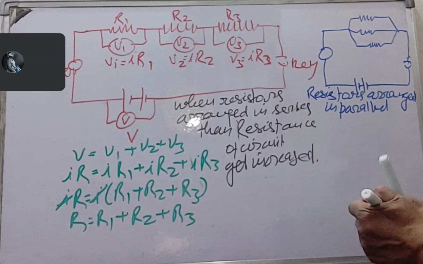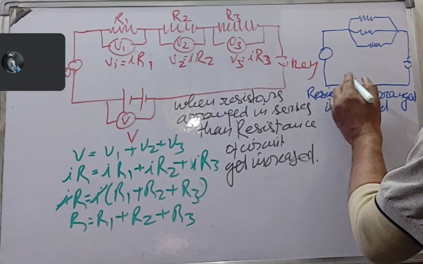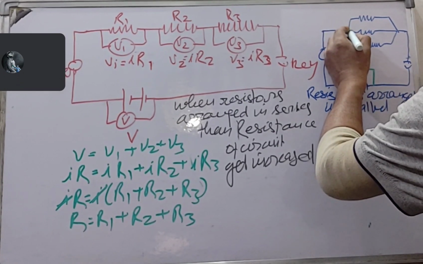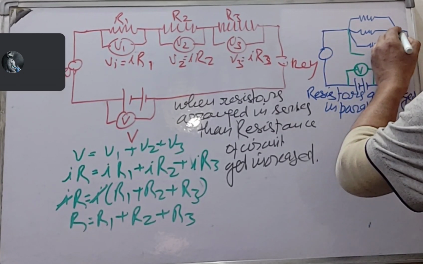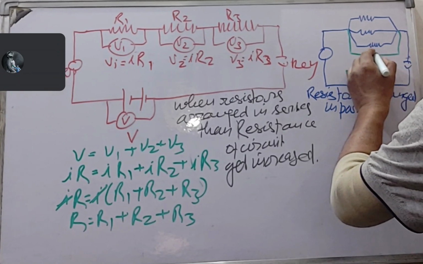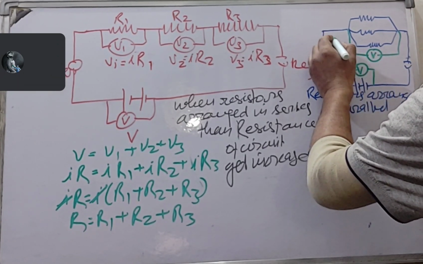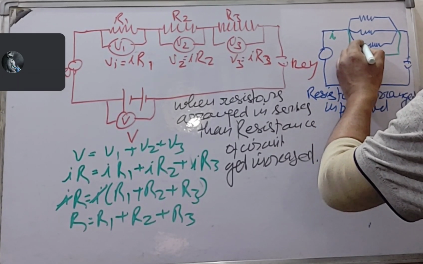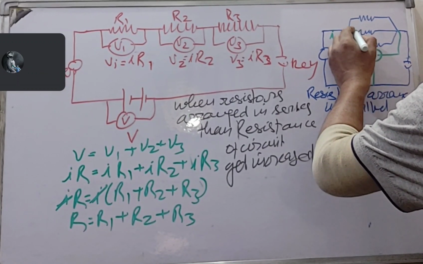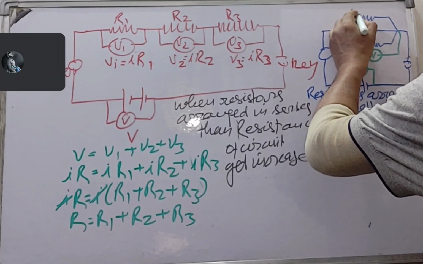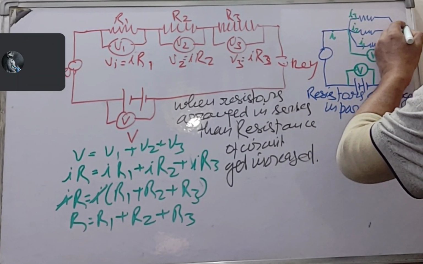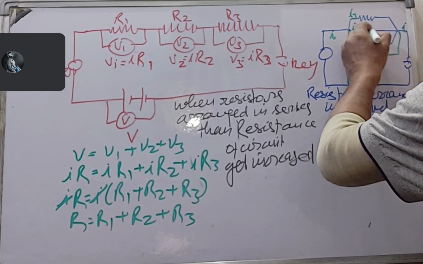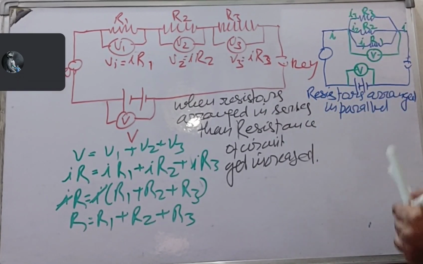So the potential difference across the terminals of the battery is V, and so the potential difference across the terminals of the resistors will also be V. That remains the same. And current I is flowing in the circuit; when it enters, it will split into I1, I2, I3, and it will come out as I. So the sum of all is I, and this is R1, this is R2, this is R3, right?